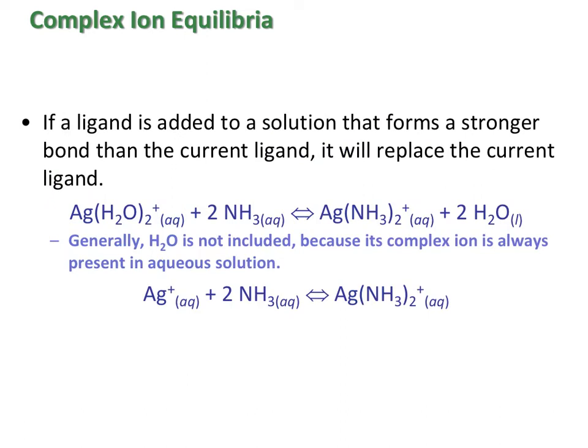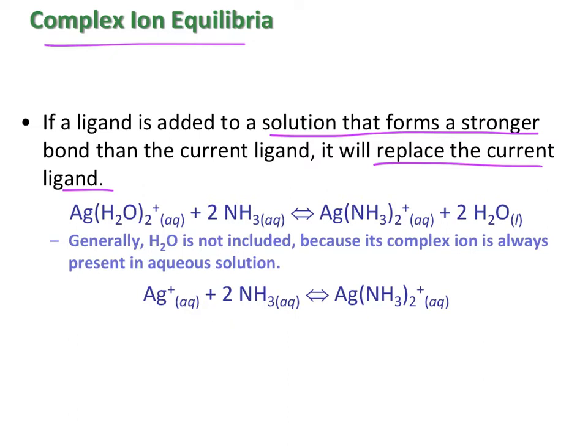So as with the other topics we visited that are in equilibrium, we also can have complex ion equilibrium. If a ligand is added to a solution that forms a stronger bond than the current ligand, it will replace the current ligand. So remember, these solutions are very dynamic. They're not just static, forming a product that can't be reversed or anything.